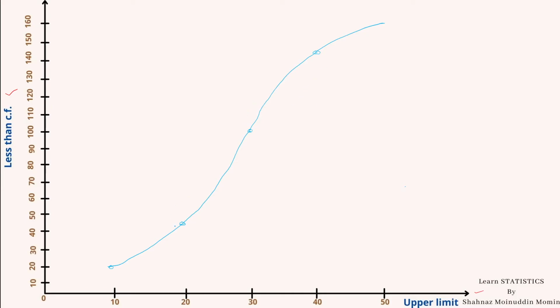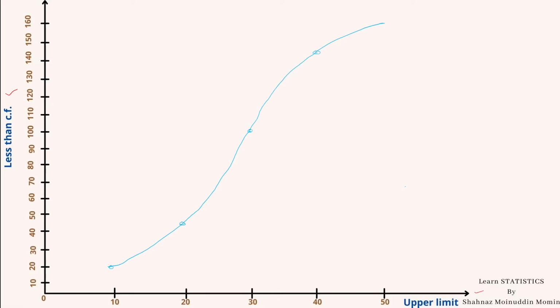The points enclosed in circles are our plotted points of upper limit with the corresponding less than cumulative frequency. We have learned the less than cumulative frequency starts from 0 on the y-axis and the lower limit of the first class.